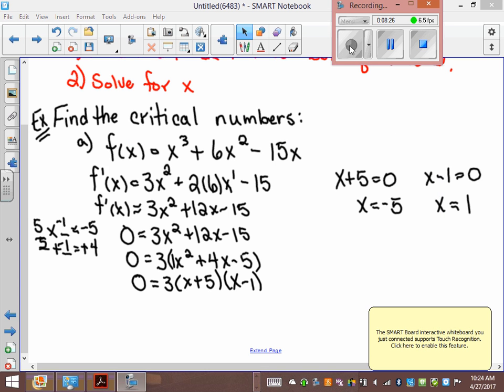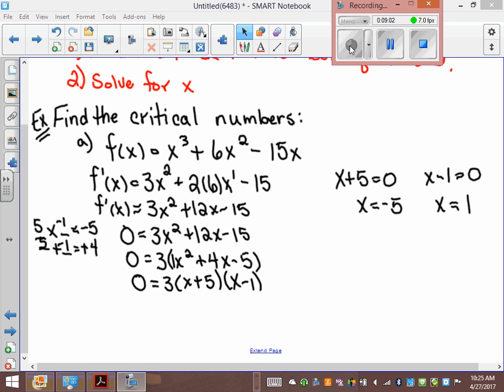Okay, so we're going to look at the original graph, correct? At x equals negative 5, what's occurring? Is it a maximum or a minimum? No, x equals negative 5, not y equals 5.